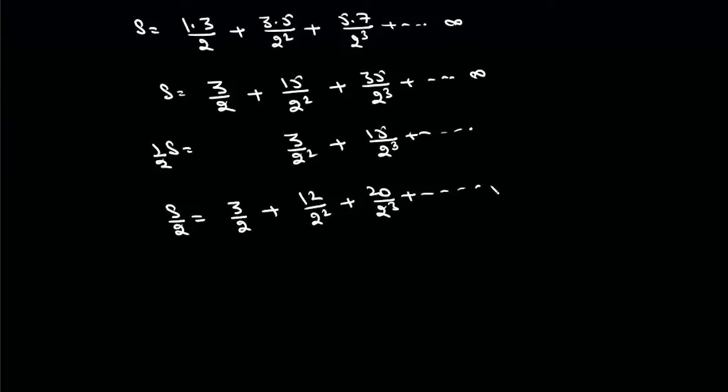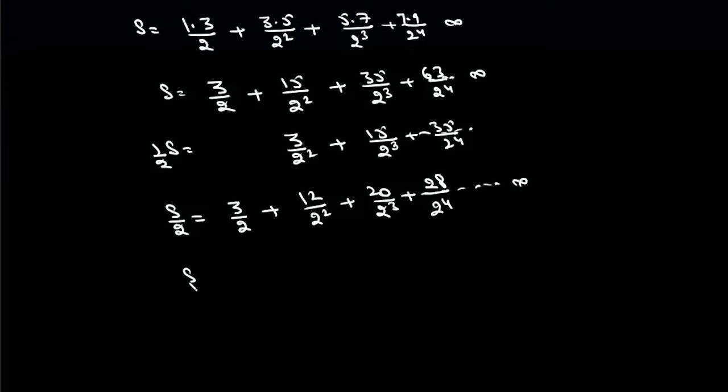We'll need to write one more term. Now the next one is 7 into 9 upon 2 to the power 4. So it will be 63 upon 2 to the power 4, and this is 35 upon 2 to the power 4, and this is 28 upon 2 to the power 4 up to infinite.